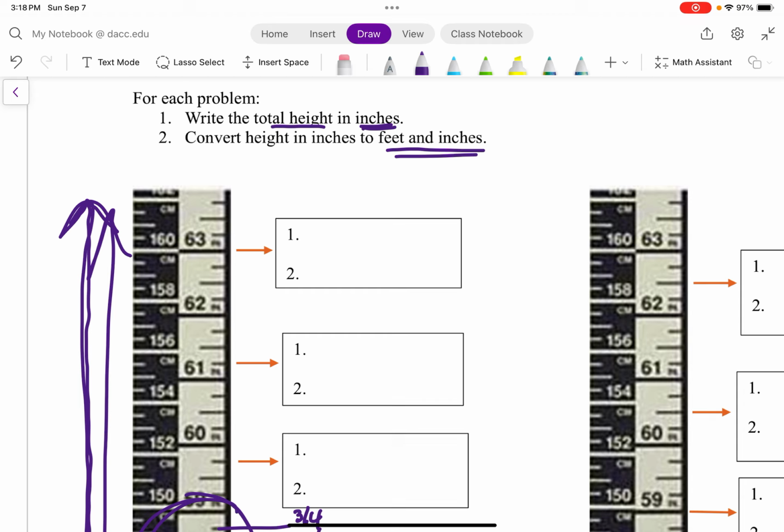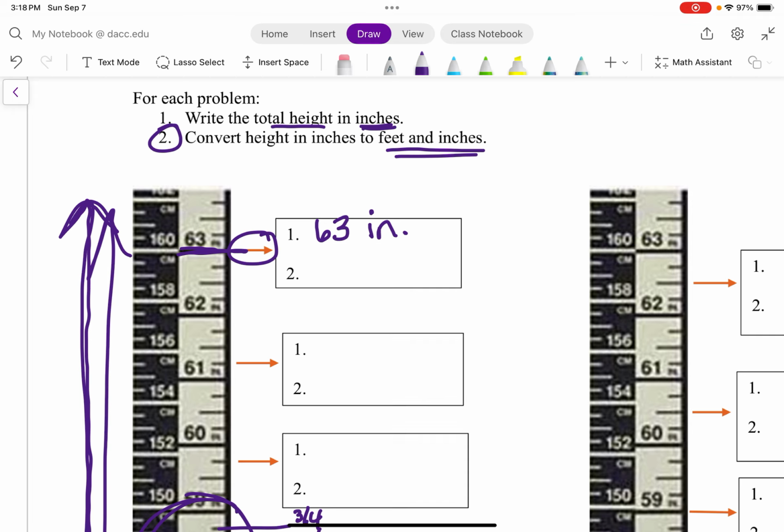So this guy right here. The first arrow, what is that in line with? It's in line with this right here, which is on the number 63 exactly. So that's going to be 63 inches. That's the question number 1 answer, but we also have to answer question number 2, which is to convert that height in inches into feet and inches.